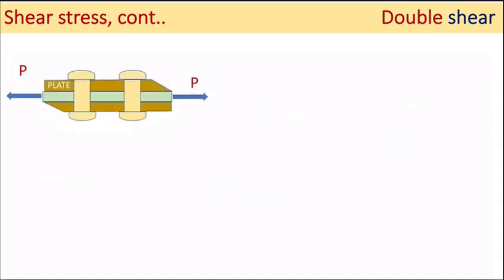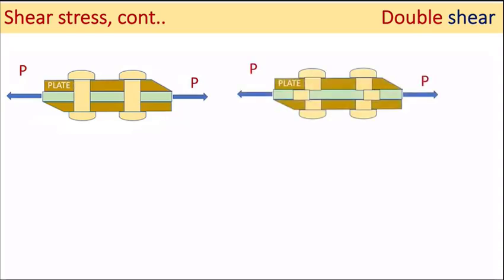Suppose there are two plates, now riveted. We are applying the same force on this plate. Due to this application of force, the rivet will fracture like this. It will cut at two places. So shear stress equals shear force divided by area.